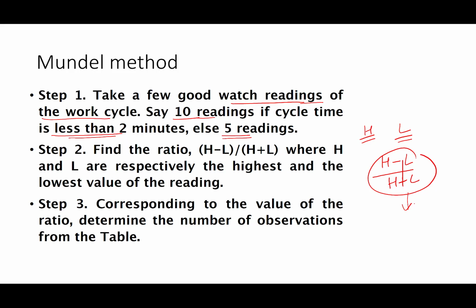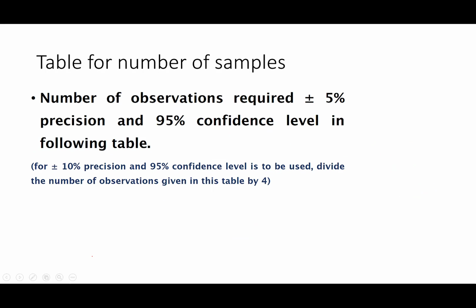H and L are respectively the highest and the lowest values of the readings in the set obtained through the preliminary observations of 10 readings for a cycle time of less than 2 minutes, or 5 readings for a cycle time of more than 2 minutes, and the corresponding value of the ratio (H minus L) divided by (H plus L) is used to determine the number of observations to be taken.